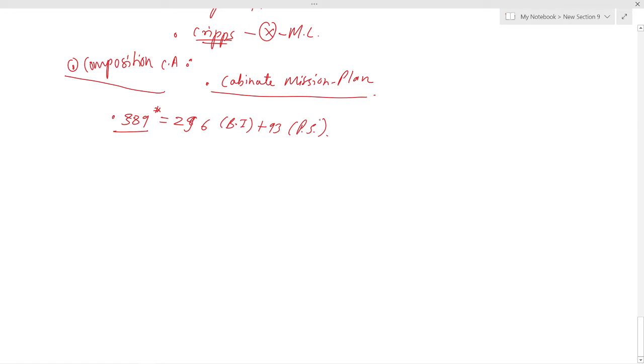Out of the 296 seats allotted to British India, 292 members were to be drawn from 11 governors' provinces and 4 from the chief commissioners' provinces.